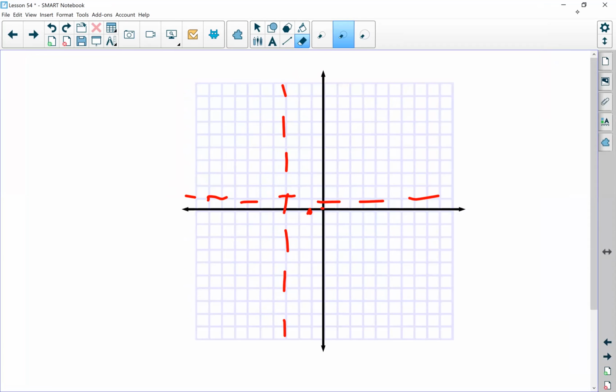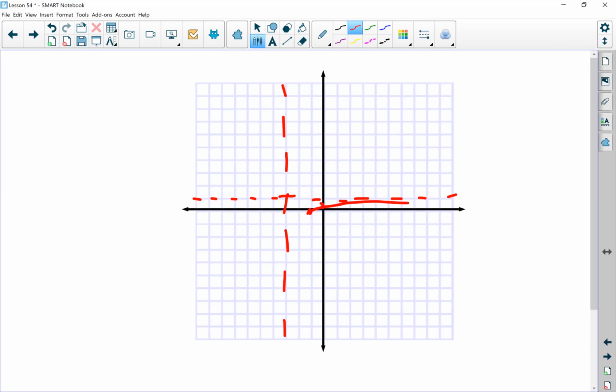So this didn't turn out so well. Let me try this again. It's 1/3. And so what I know is as I move toward that asymptote, I'm going to come close to that value.